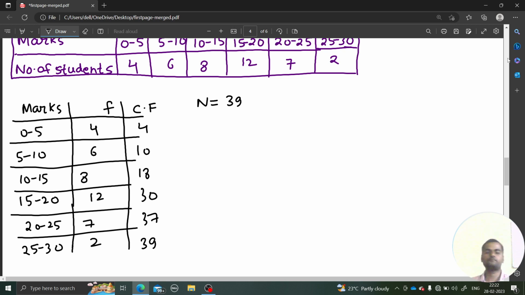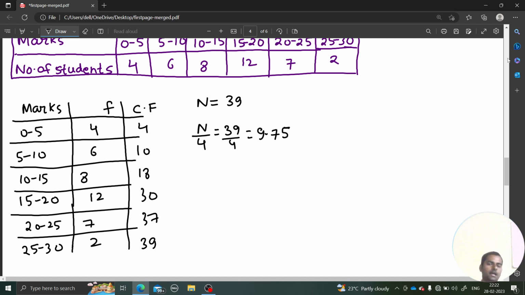Now again that factor you will focus on, n plus 1 by 4. First calculate what this factor comes out to be. So 39 divided by 4, it is coming out to be 9 point something, sorry, so 9.75.